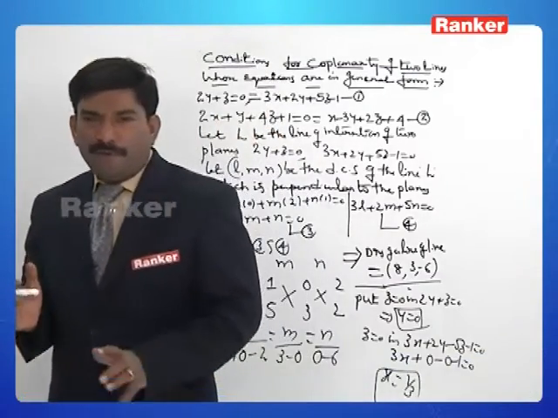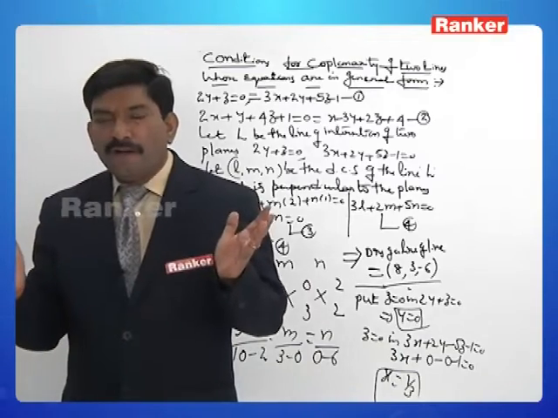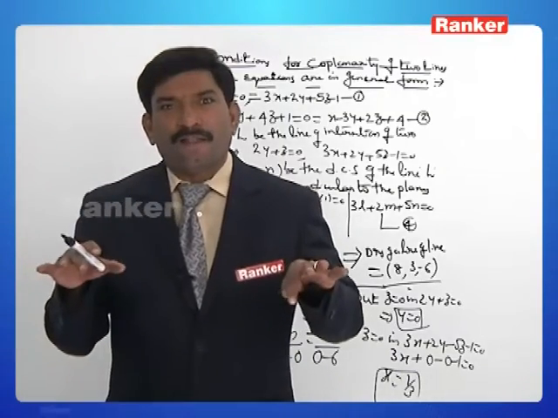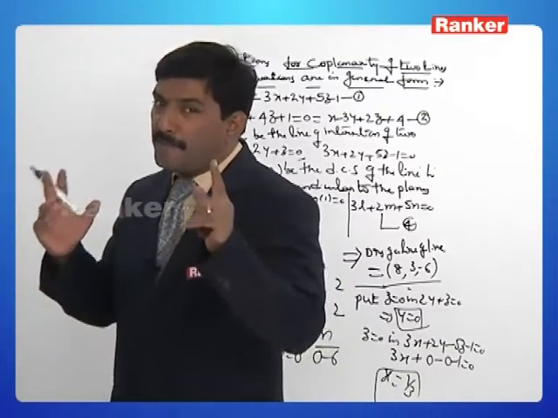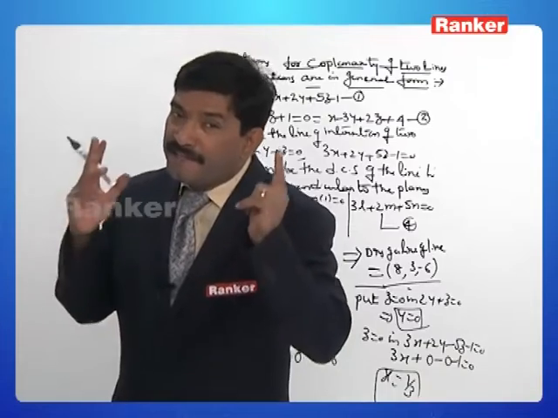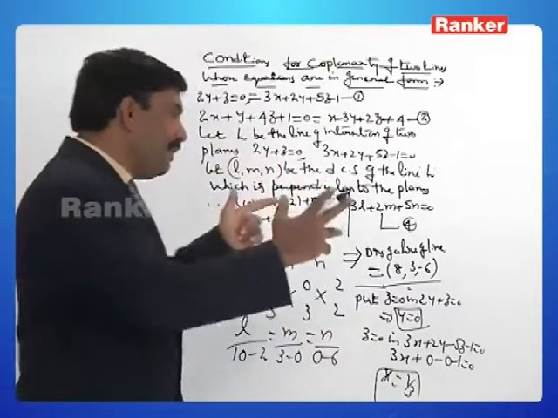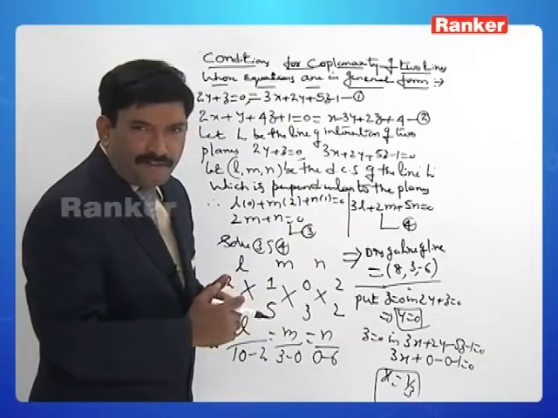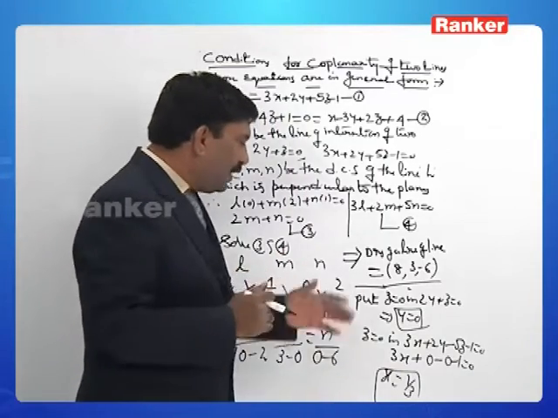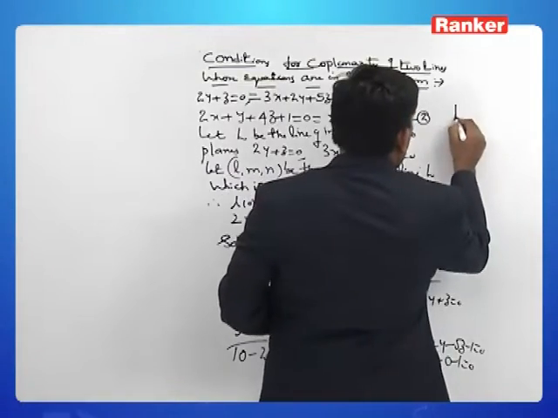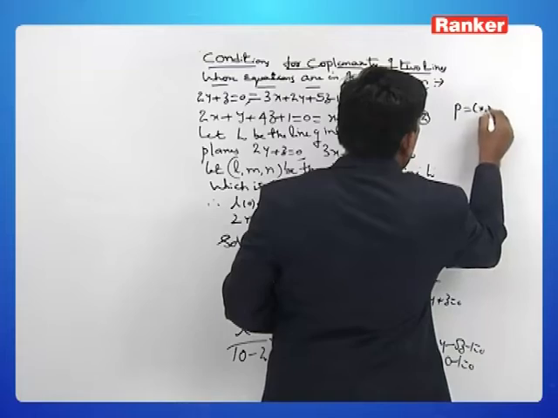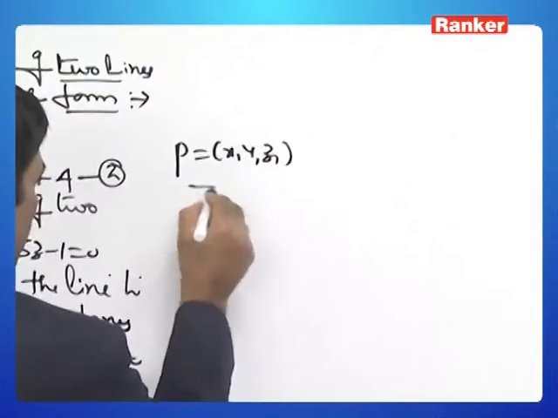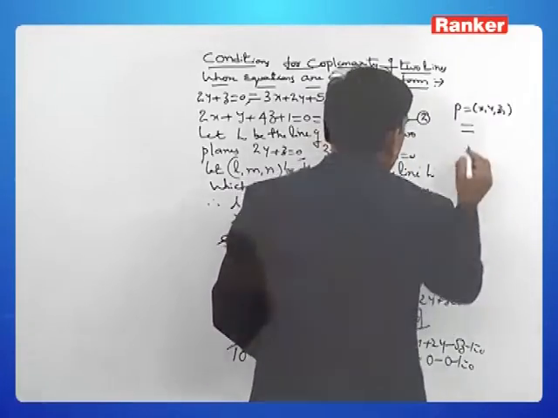When they are coplanar and non-parallel, they must intersect. So I am finding the point of intersection of these two lines, correct or not? So now I got a point P(x1, y1, z1) equal to, what is that?